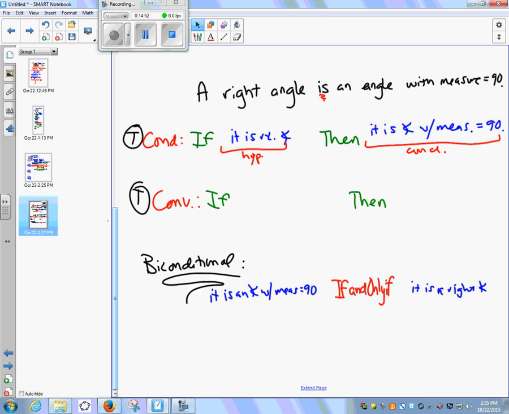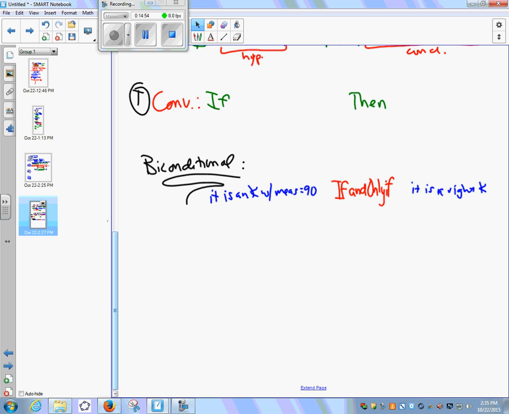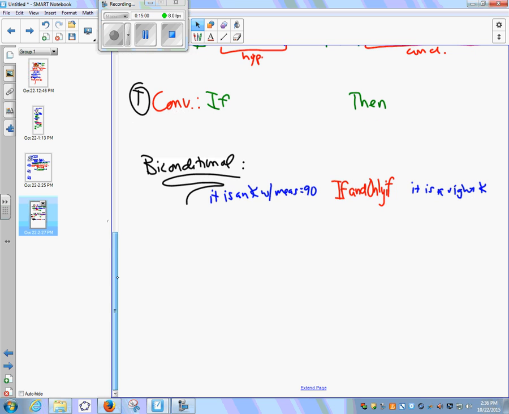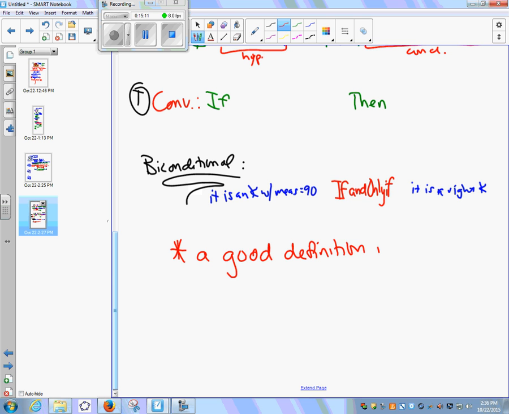Okay, then we talked about, well, if you actually have a true conditional and its true converse, it can be written as a biconditional, then we have a good definition, because a good definition is reversible. So that's the criteria for a good definition.